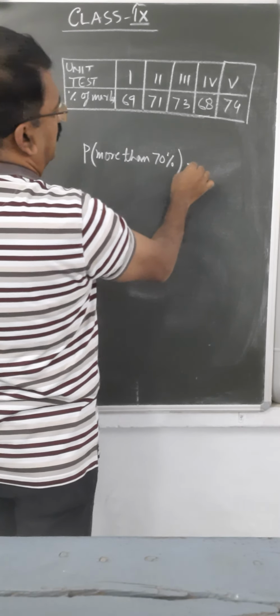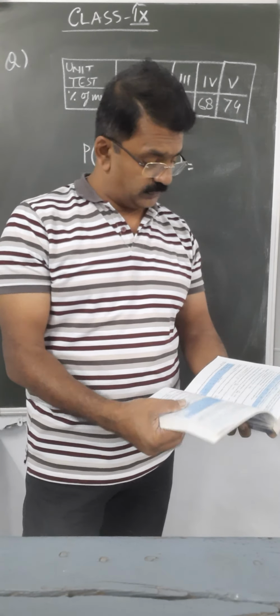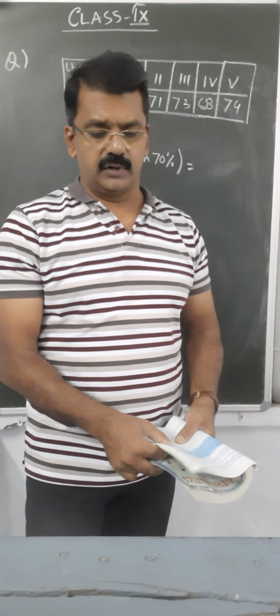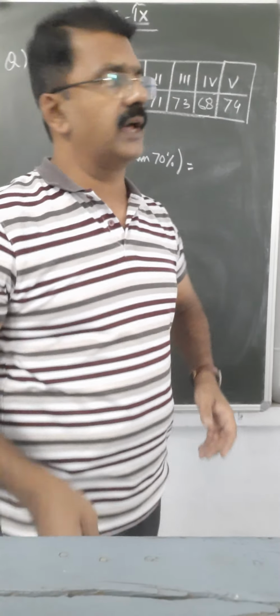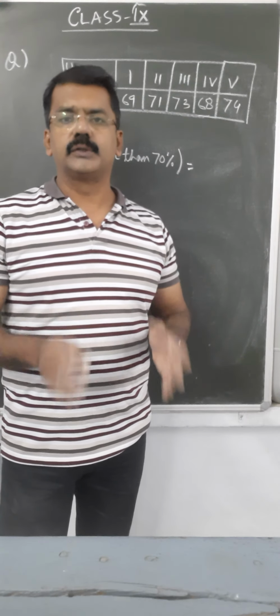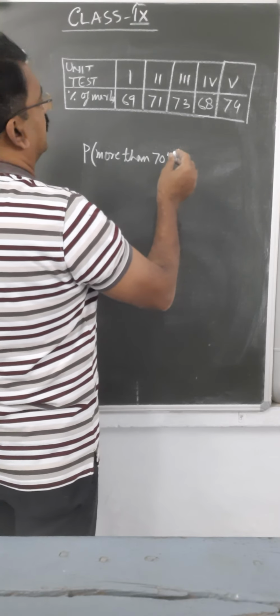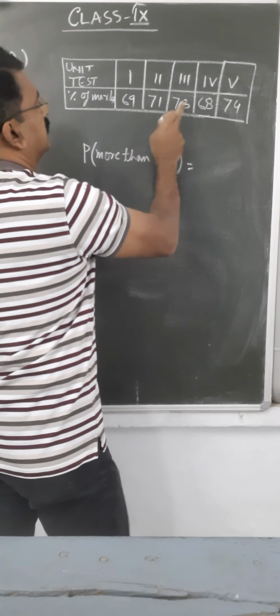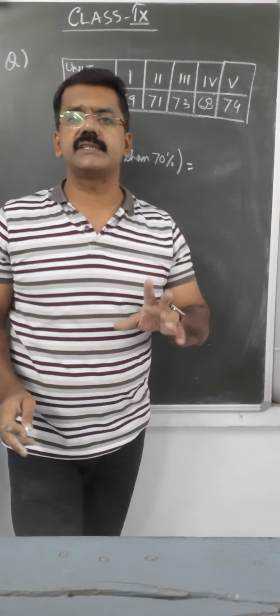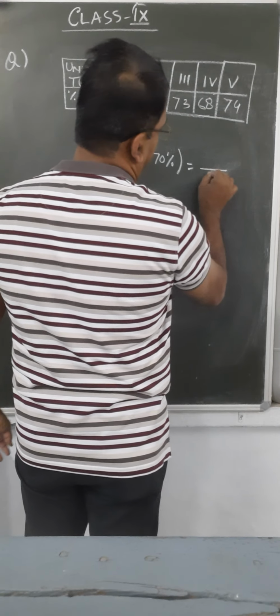First of all, you know the formula remains the same: the probability is the number of favorable outcomes upon the number of total outcomes. Now the number of total outcomes: how many unit tests are there? 5 unit tests are there. So total outcomes remain the same, that is 5.